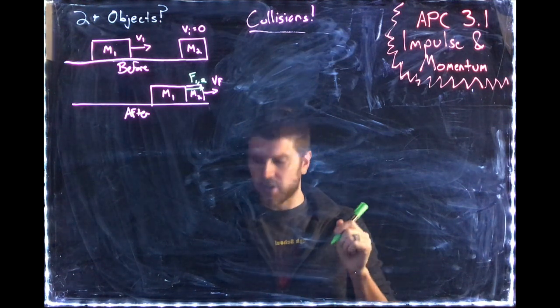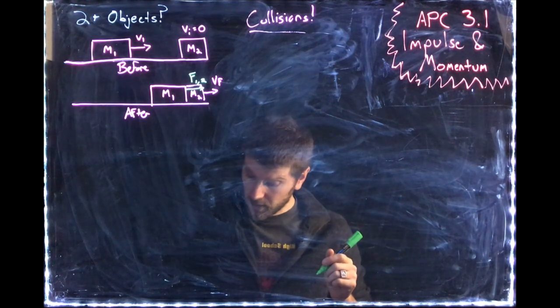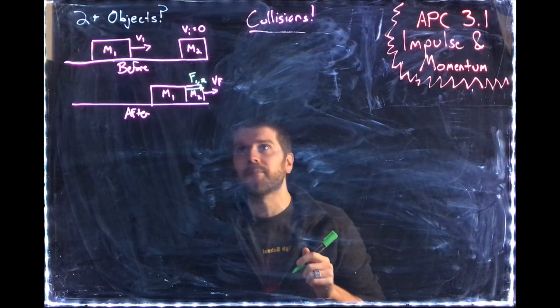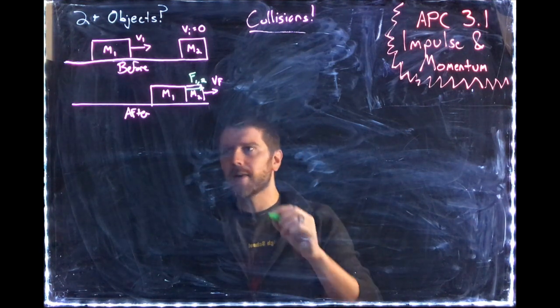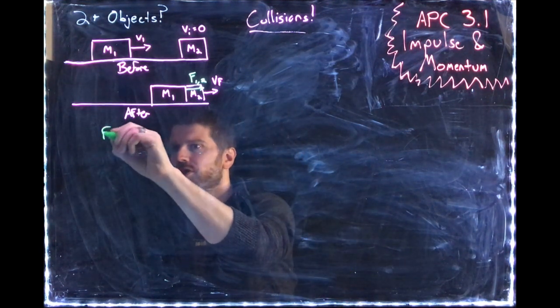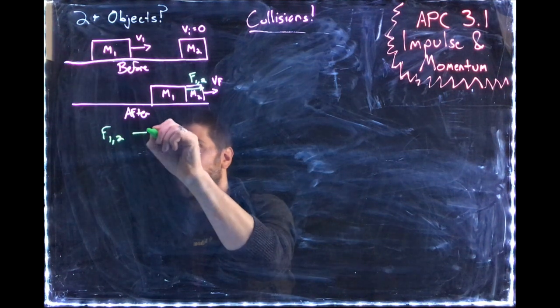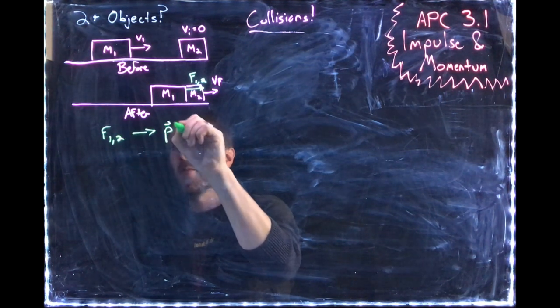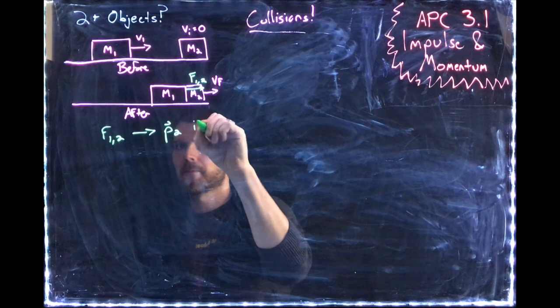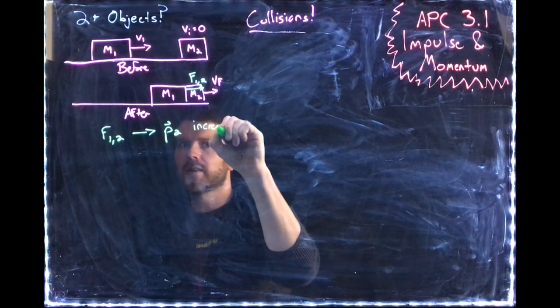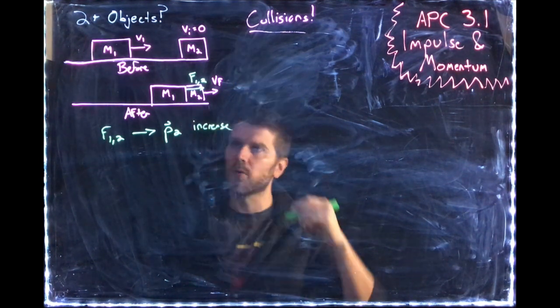And what is that force going to do? Well, as we just learned, that is going to change the momentum of block 2. So you can imagine that F12 is going to cause the momentum of block 2 to increase. Previously, the momentum of block 2 was nothing. It wasn't moving.